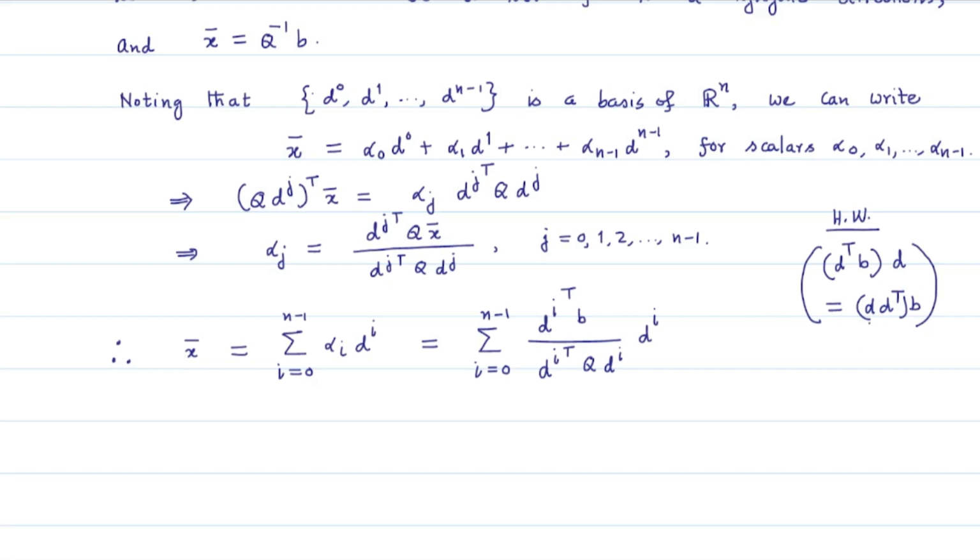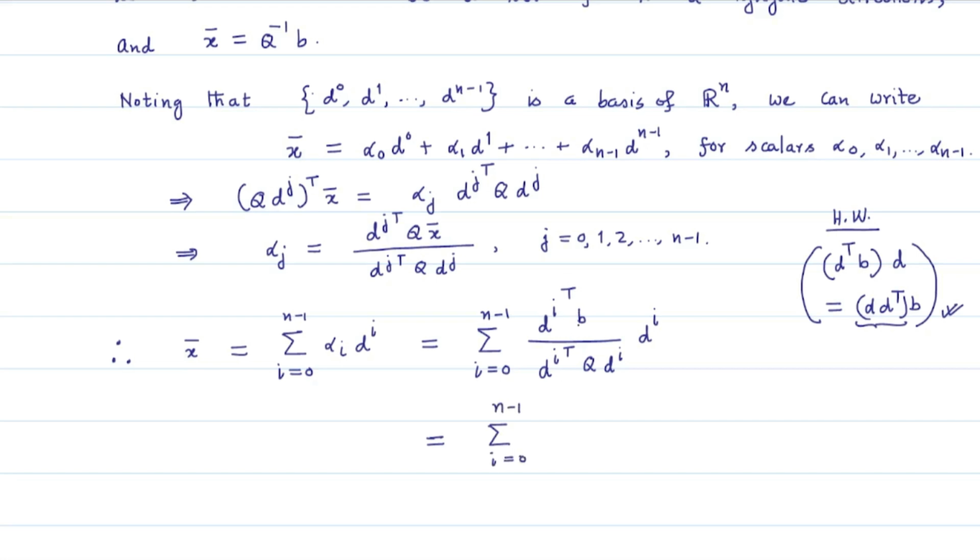Fine. Here you notice that this d transpose is a matrix, and this matrix is multiplied with the vector b. So on the right hand side we will get a vector. Now we consider to employ this fact to write the expression of x bar, the summation i is equal to 0 to n minus 1.